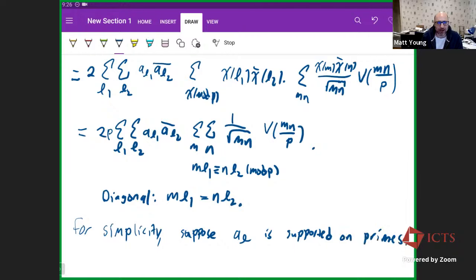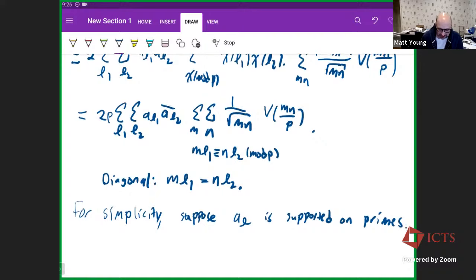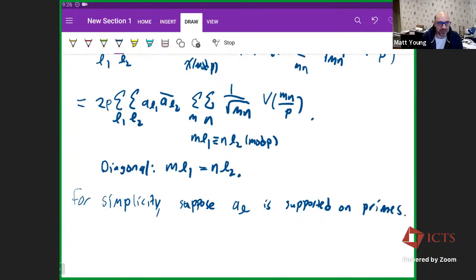The density of primes is like 1 over log, so you don't lose very much. We might lose a log or something, but we don't really care about that for this application. So just for simplicity, let's assume that it's supported on primes. That's going to make this easier.